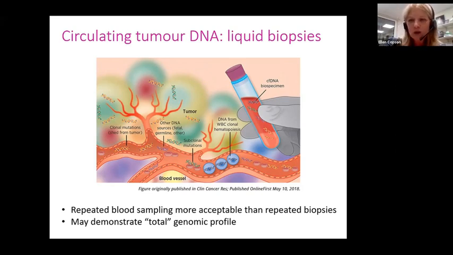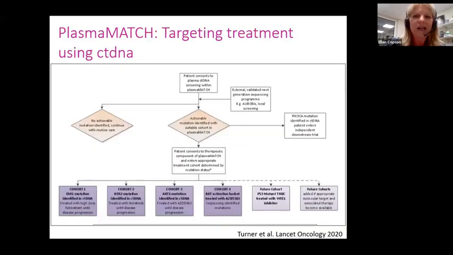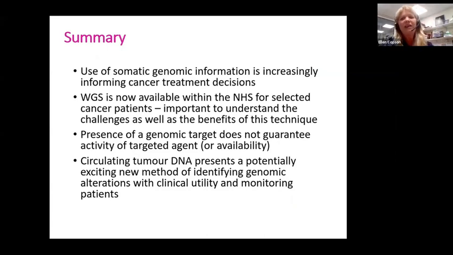If I recommend one genomics paper for your bedtime reading, it's got to be Nick Turner's paper on the results from the plasmaMATCH study, which was an umbrella study of metastatic breast cancer, with a number of different therapies matched to various genomic findings in the circulating cell-free tumor DNA. It's a really nice paper, which highlights the complexities, but also the potential of this approach. So I'm going to stop there.